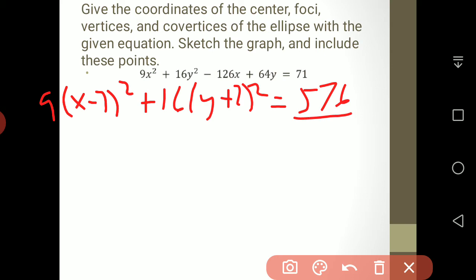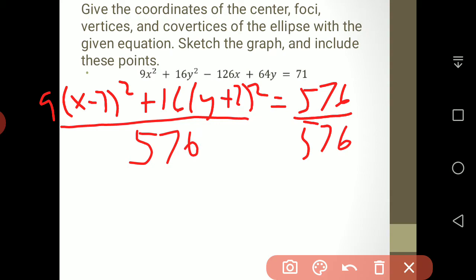So we're dividing both sides of the equation by 576. Now we're almost done. 576 divided by 9, that will be the x term, (x minus 7) squared.